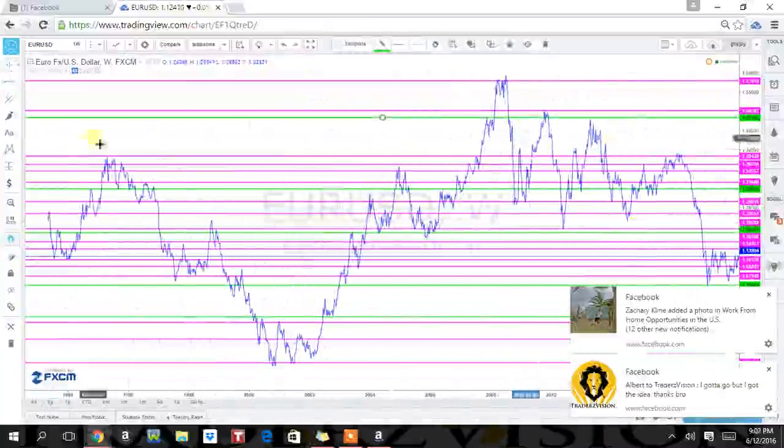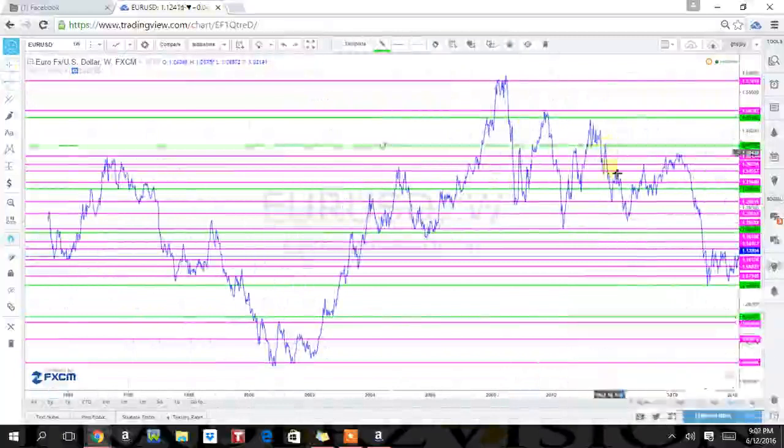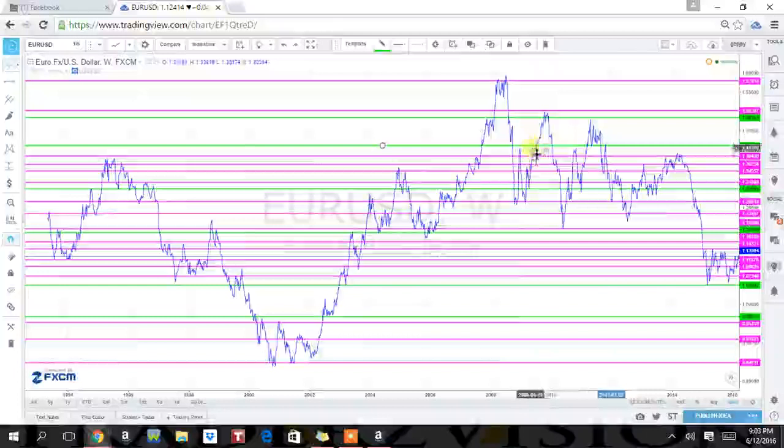There's another one right here. Fails right here, bounces, breaks through it, comes back to it, bounces off it again, acts as support. It's 1, 2, 3. So it's 3 right there, that one's good, as long as it's more than once.